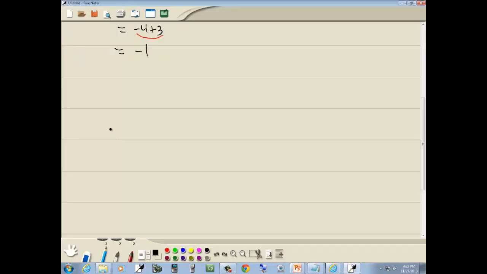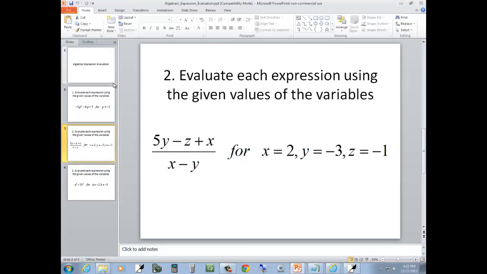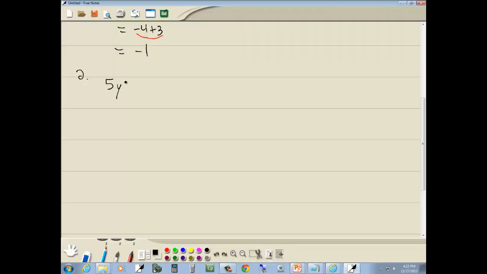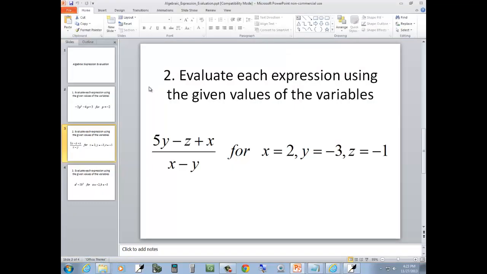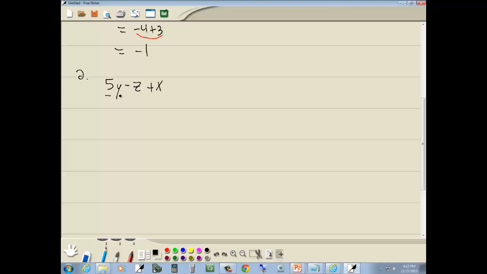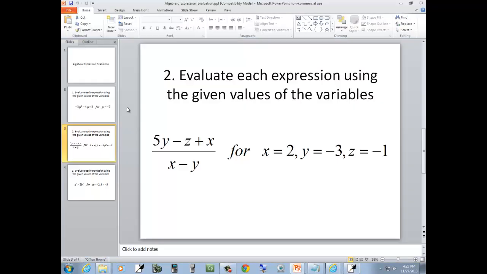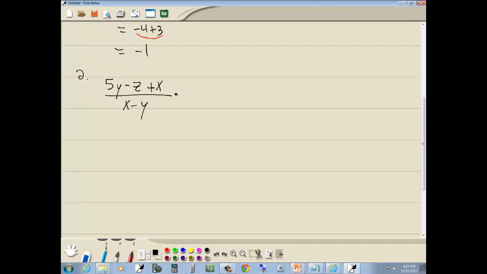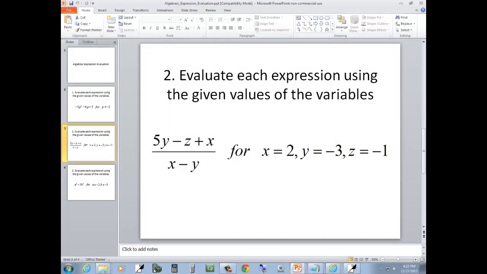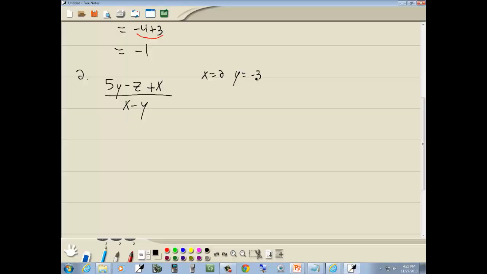And let's take a look at this problem. So we've got 5y minus z plus x over x minus y. And plugging in x equals 2, y is equal to negative 3, z is equal to negative 1. We're going to go through and we'll replace our variables with parentheses. Everything else remains exactly the same.